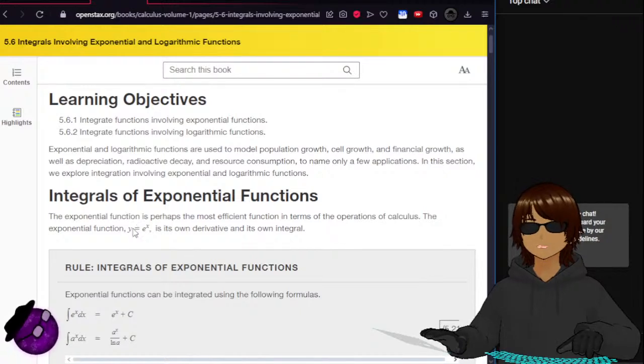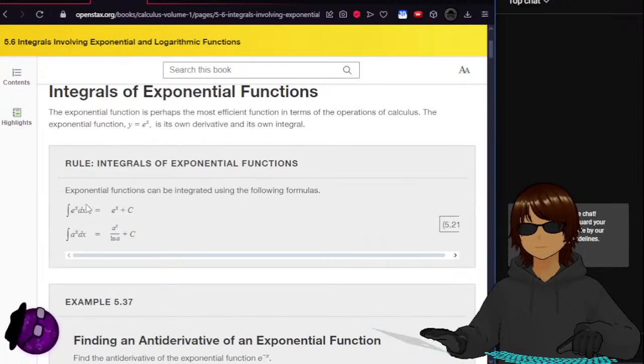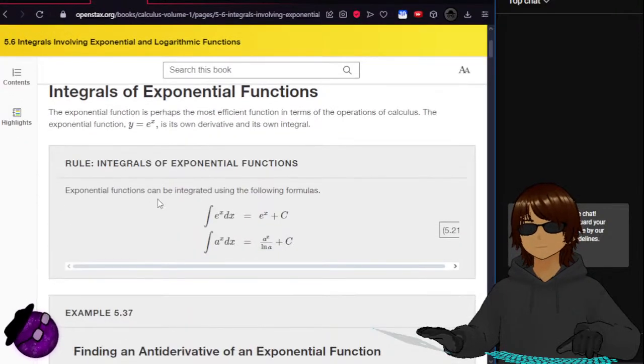The exponential function y equal to e to the power of x is its own derivative and its own integral. Exponential functions can be integrated using the following formulas. The integral of a to the power of x is a to the power of x divided by ln of a plus c.